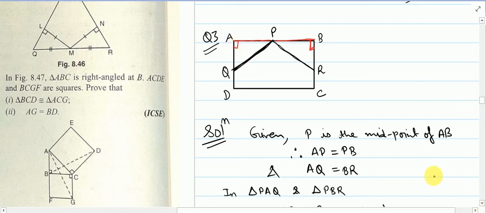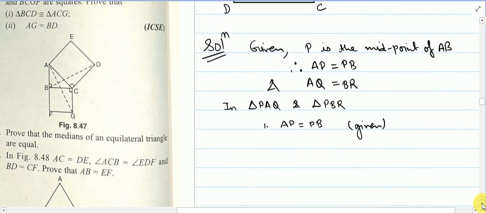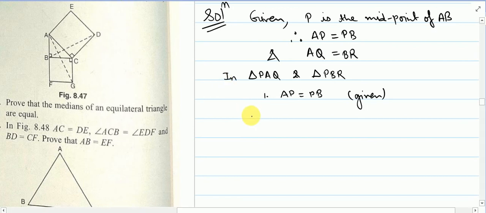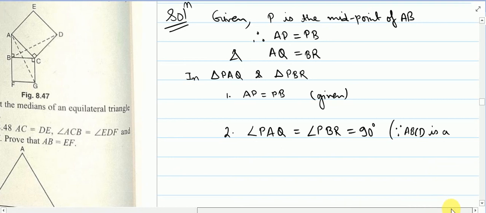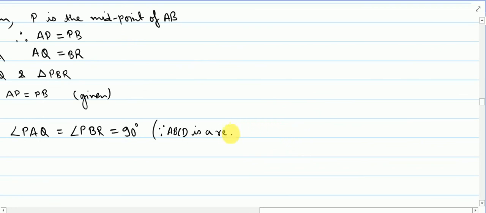So number 2, angle PAQ is equal to angle PBR equal to 90 degrees, and the reason is since ABCD is a rectangle.